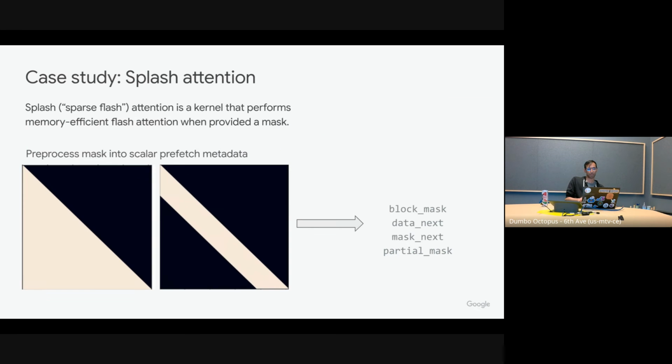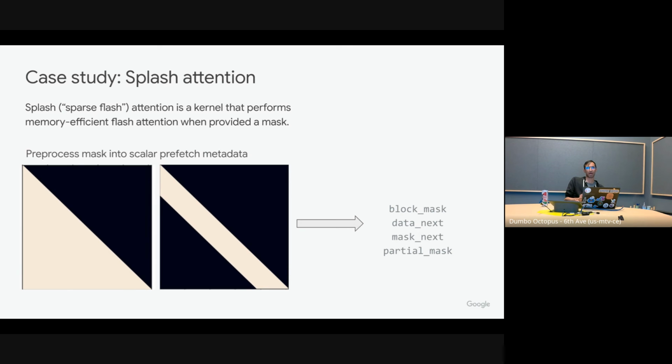One of the main kernels that was enabled by this mechanism specifically is what we call splash attention, aka sparse flash attention. This is the most advanced attention kernel we have written. It's advanced not because it's doing anything crazier than flash attention, but because it's actually a kernel generator. The idea is that you give it a NumPy mask, like the causal one on the left or the local one on the right.